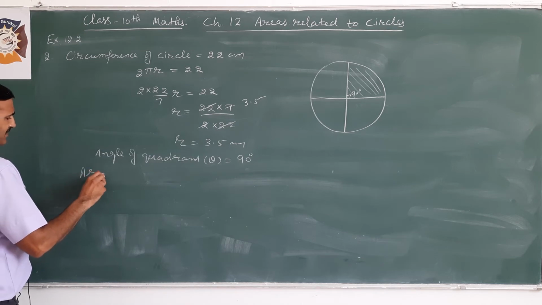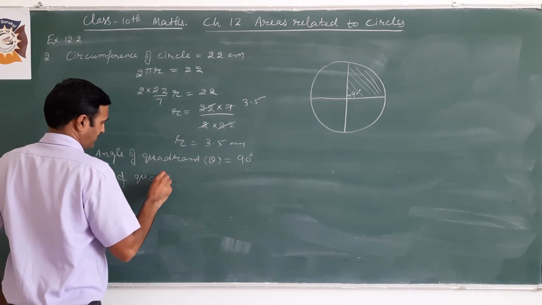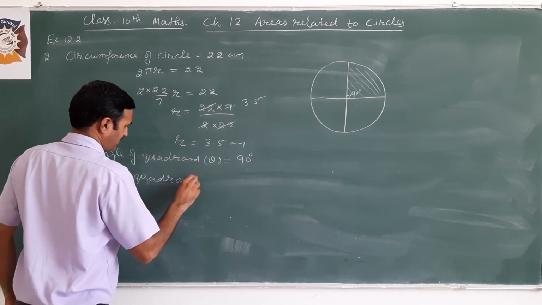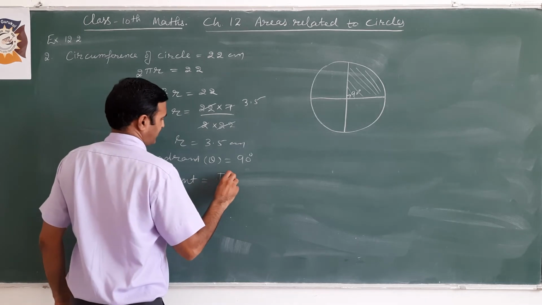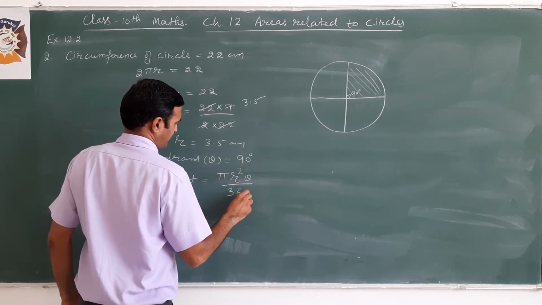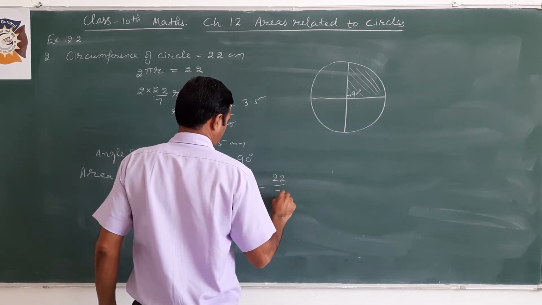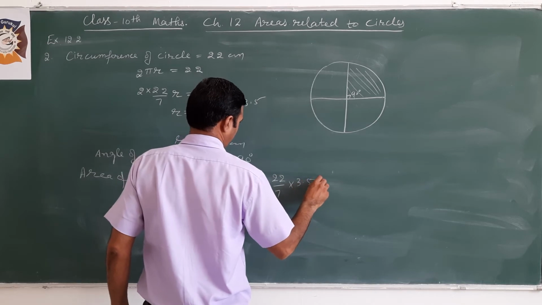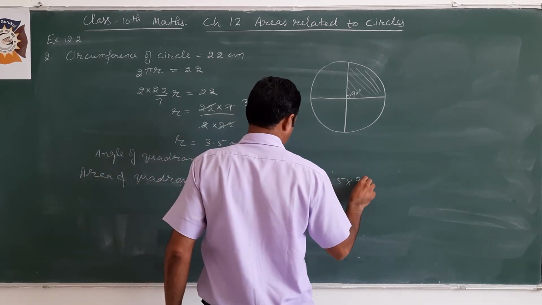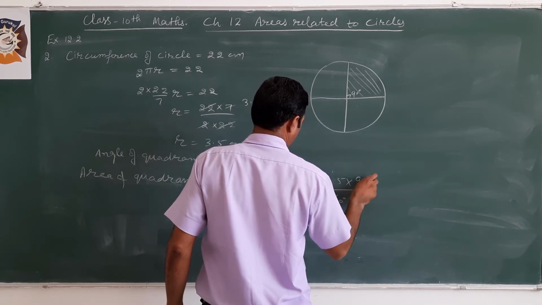So area of quadrant, that is also a sector: pi 22 upon 7, r 3.5, theta 90 upon 360 degree.